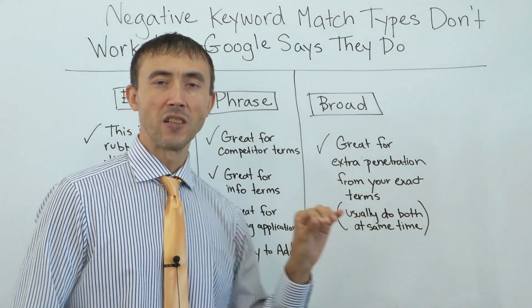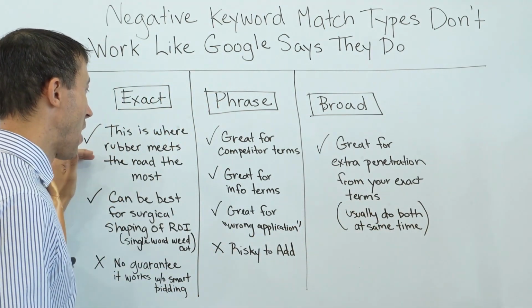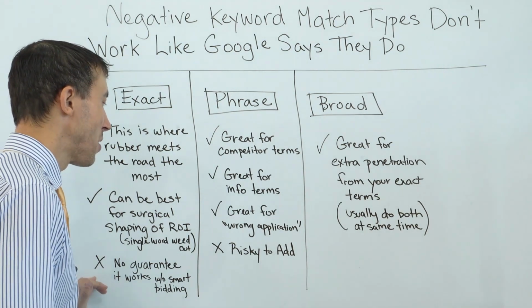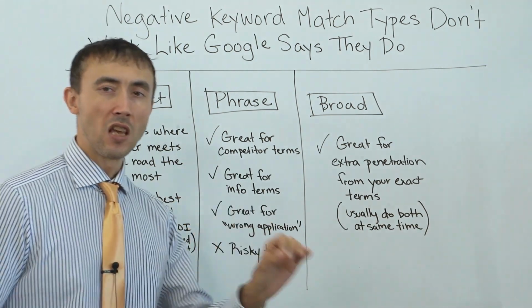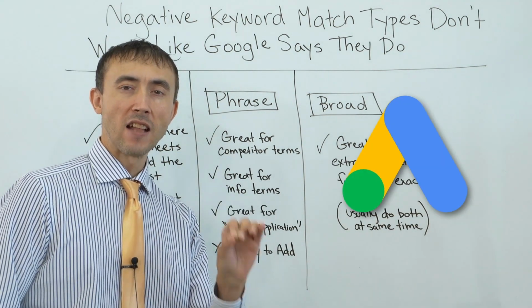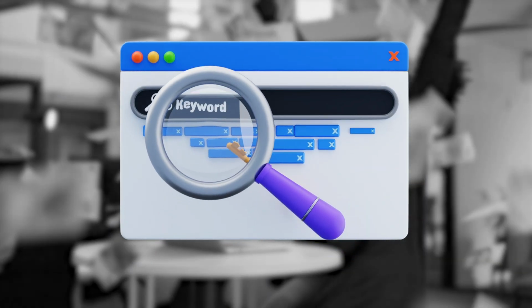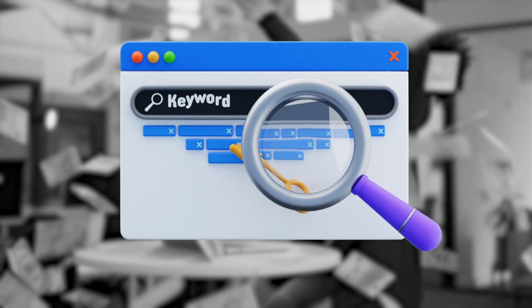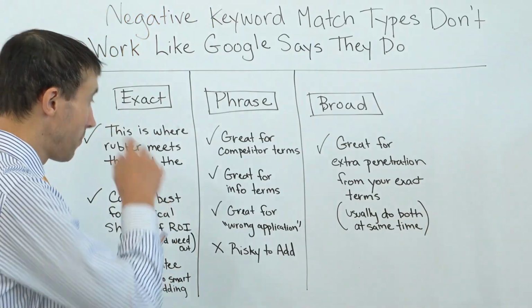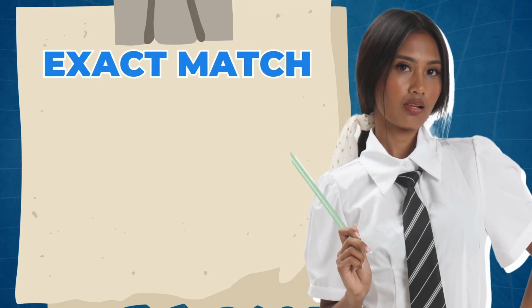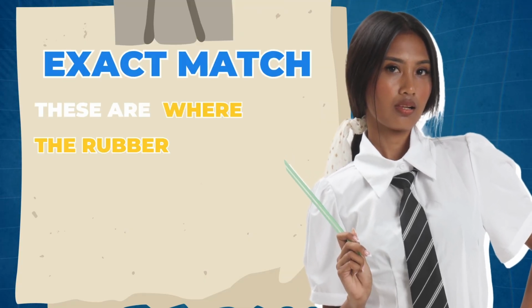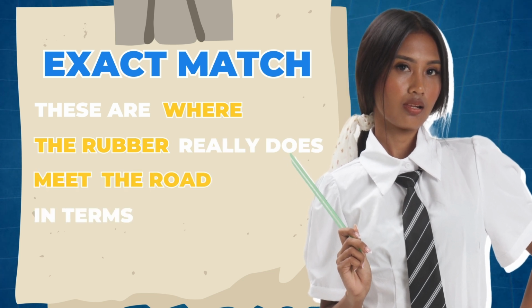So I'm going to start with exact match and tell you specifically how that works, and then how you use it to get the full effect out of Google Ads and make the most money out of it. Starting with exact match, this is where the rubber really meets the road in terms of negative keywords.